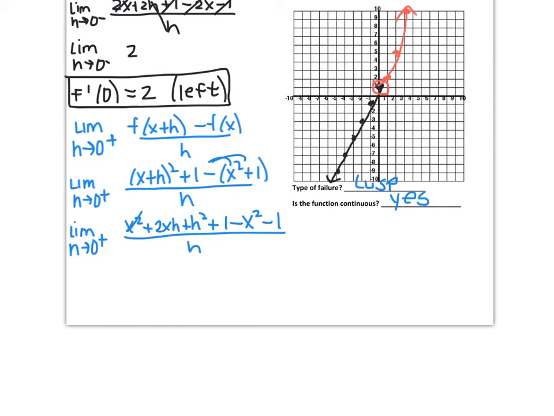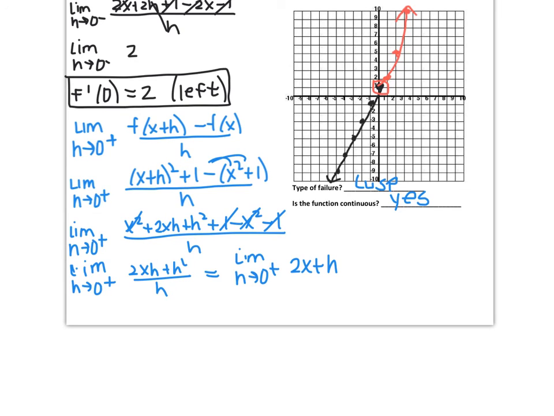So the x squareds cancel and the 1's cancel. So I'm left with, again, the limit as h approaches 0 from the right of 2xh plus h squared over h, which simplifies to the limit as h approaches 0 from the right of, the h's will cancel, so it'll be 2x plus h.